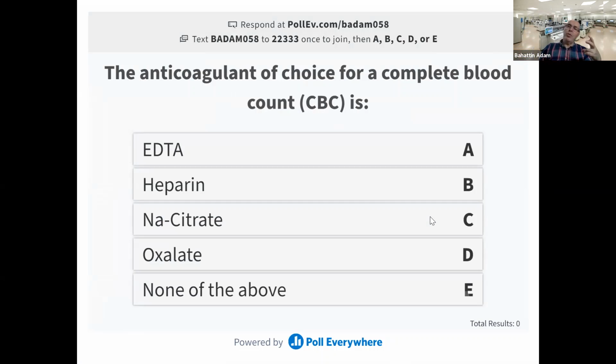There are a few anticoagulants that we are using, but the most common one, the anticoagulant of choice for CBC, is... one more, please.